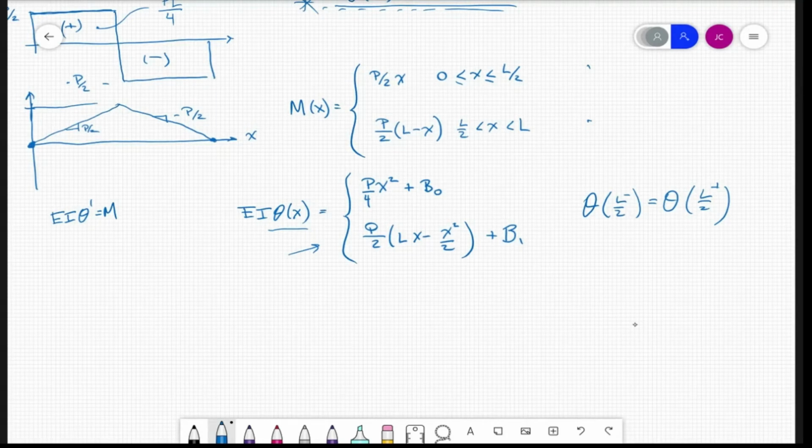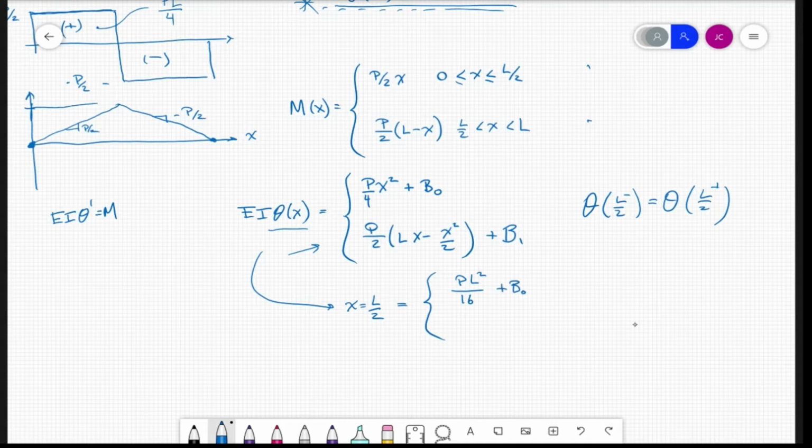So let's do that. If we look at this and evaluate it at x equal to L on 2, I'm going to write the two conditions top and bottom. I'm going to get P L squared. So L on 2 gives me a 4. So this is 16 plus B0.